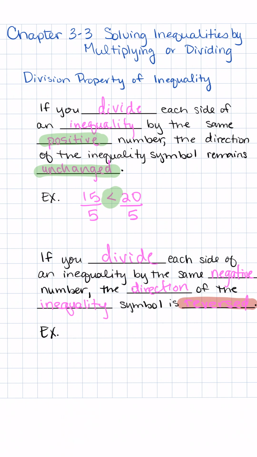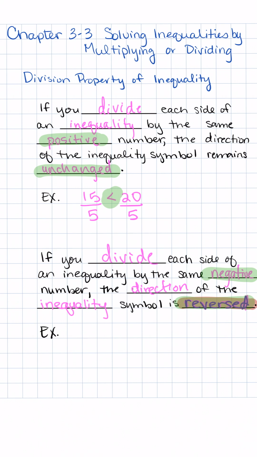Okay, and that's very important. So this is saying if you divide by a negative, it is reversed.